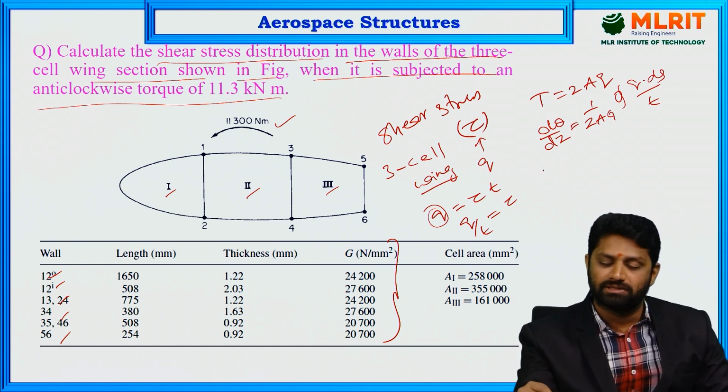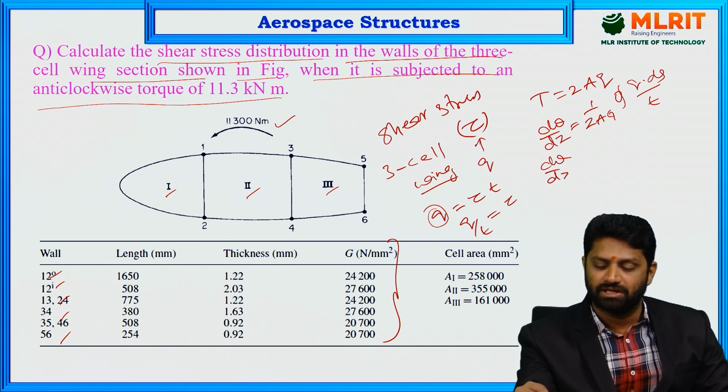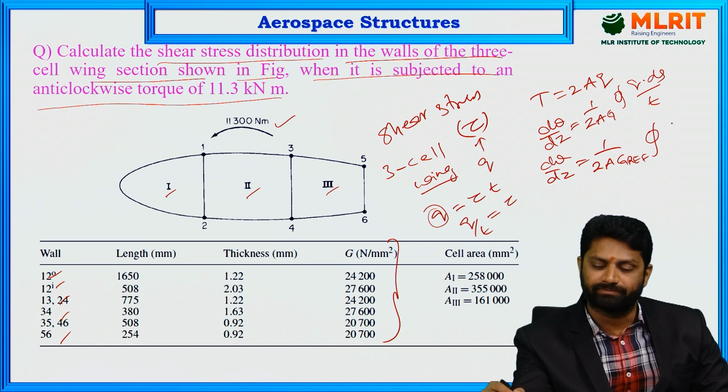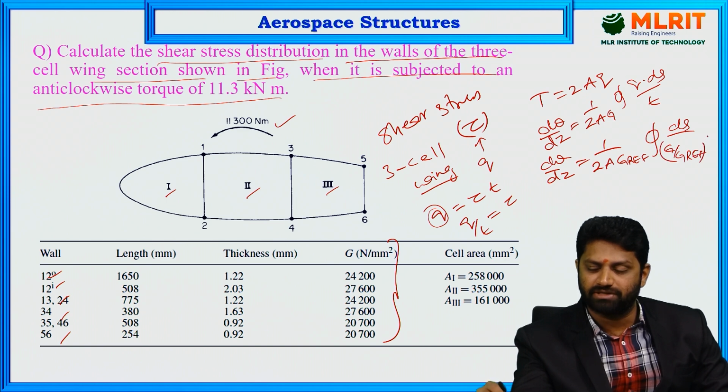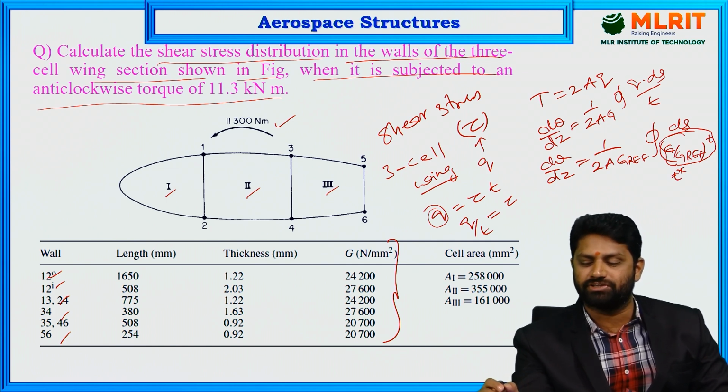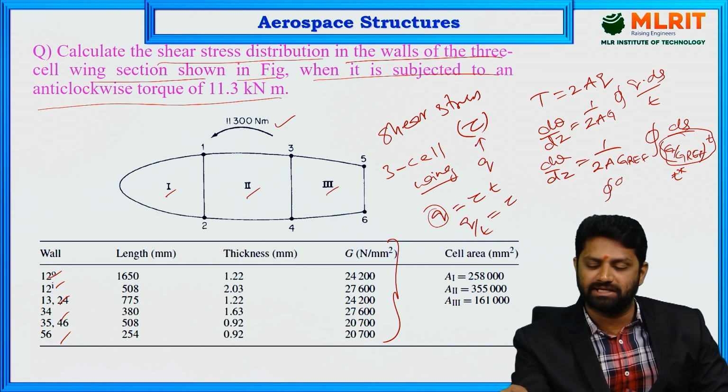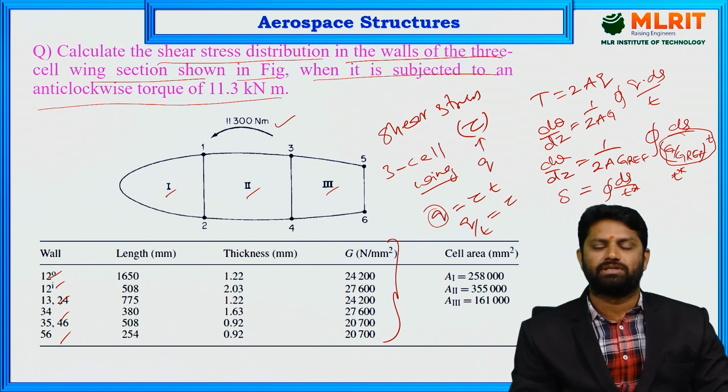For this, we modified the rate of twist formula in the previous session: you can write it as 1 by 2A into G reference into the cyclic integral of ds by T star, where we have added G by G reference into T, and we consider G by G reference into T as T star, which is the modulus weighted thickness. Now we write it as ds by T star, and you can consider it as delta. This is how we'll solve this problem.